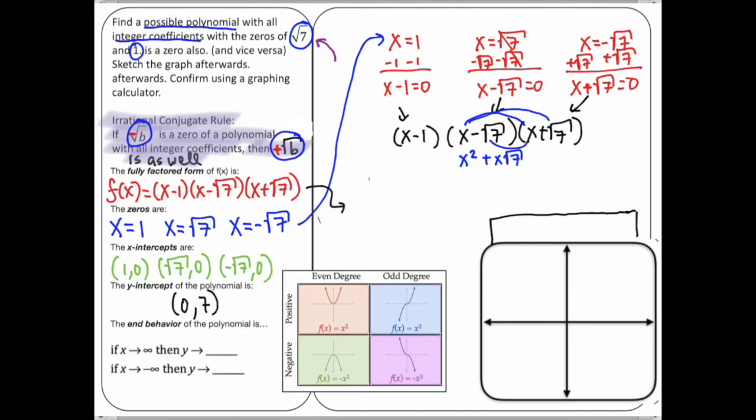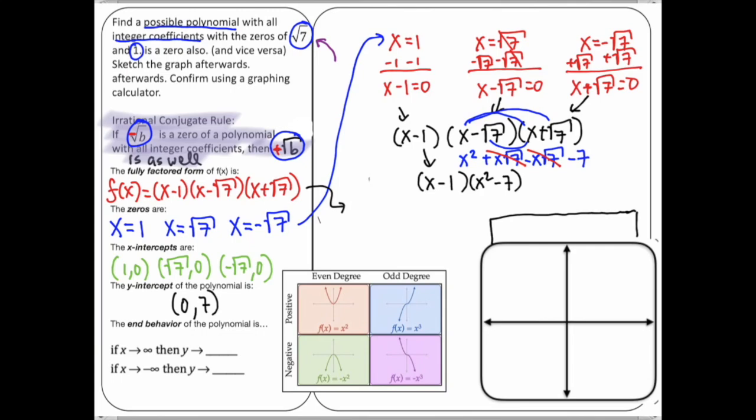That guy, and square root of 7, and then the negative square root of 7 times square root of 7, so it's going to give me negative 7. Now, notice what happens. These cancel out, and we are left with x squared minus 7, and we have x minus 1 being brought down.